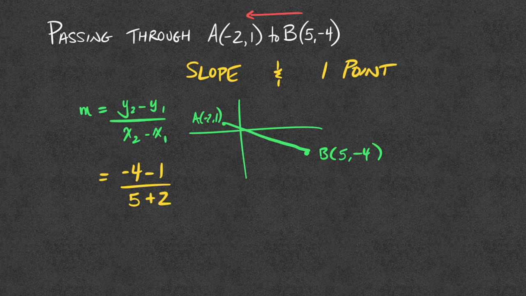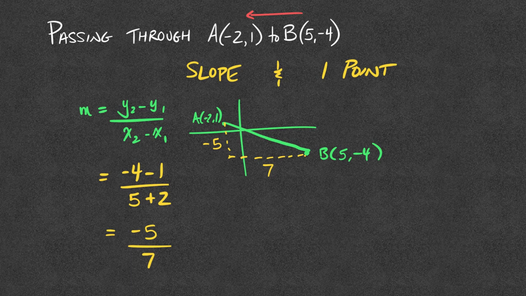So if I go through and I do a little calculation, then my -4 subtract 1, there is my rise. 5 plus my 2, there is my run. You can see it on my diagram. If I was to try to figure out how far down do I go to go from A to B, how far across do I go, you can see my slope. So we've got slope, -5/7.